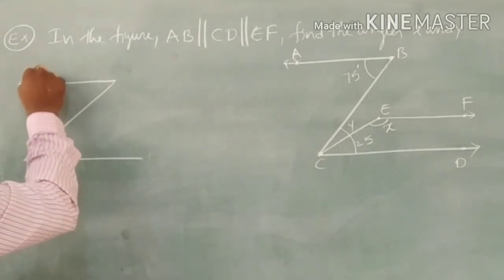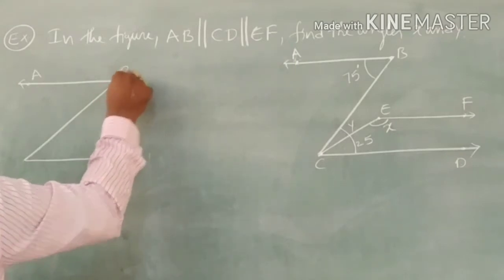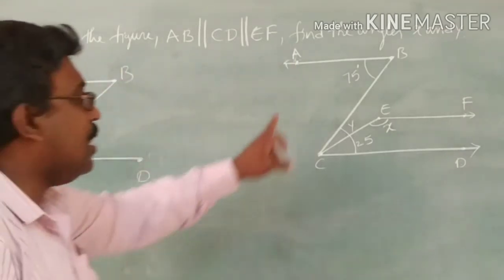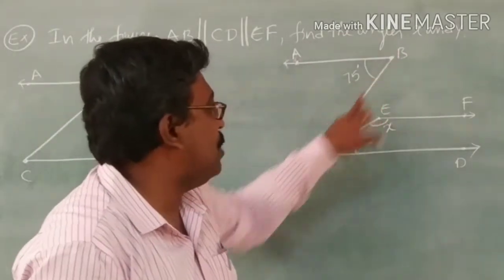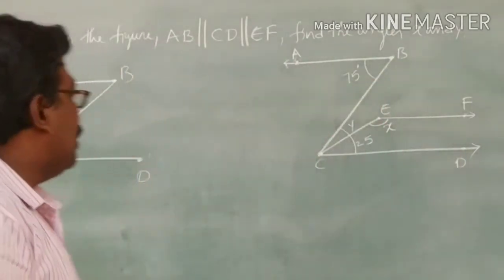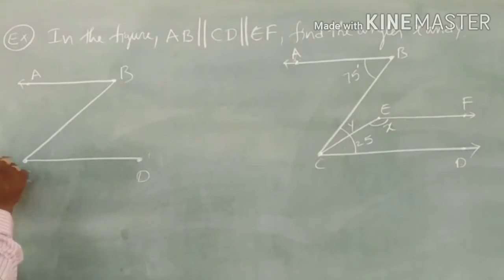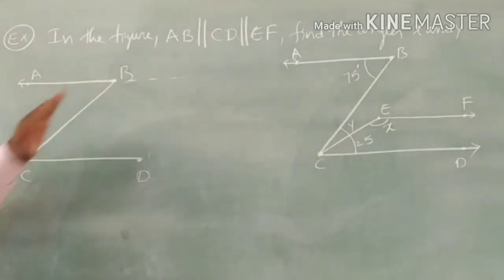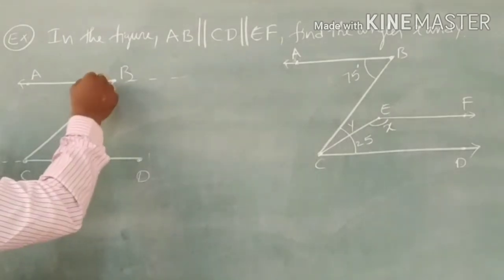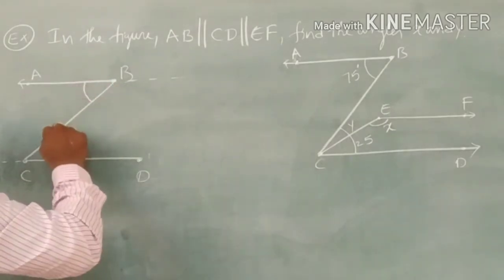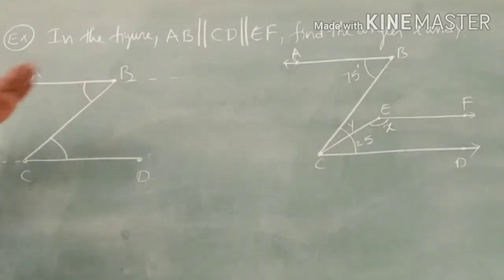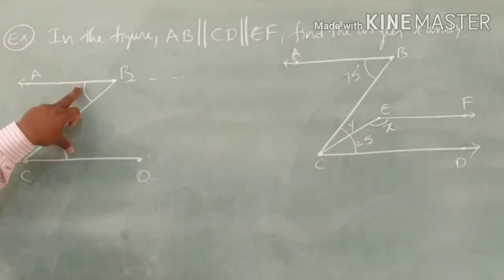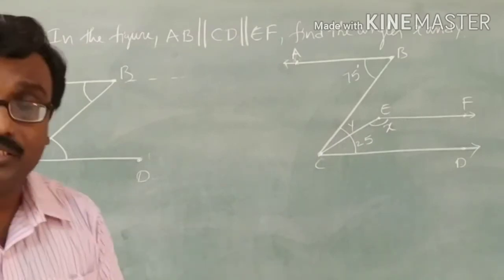Now, this is A and this is B and it is C and it is D. I take a part from the diagram, A, B, C, D. Now they are telling that they are parallel lines. I can extend like this. Then it is a transversal. If it is a transversal, then the angles either side of the transversal, both are interior, and not adjacent.